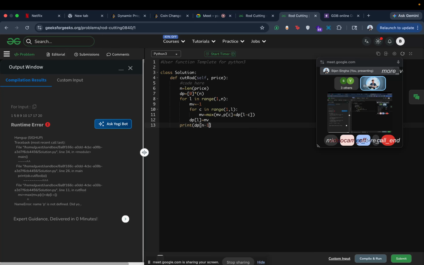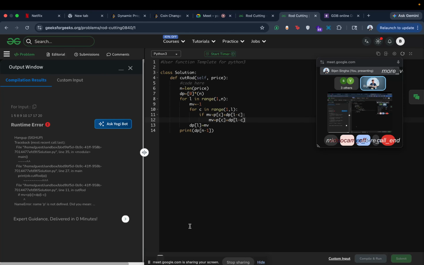Okay, so I'll just write: if mv is smaller than this, then mv equals this. They are not allowing the max function, so I'm fine.